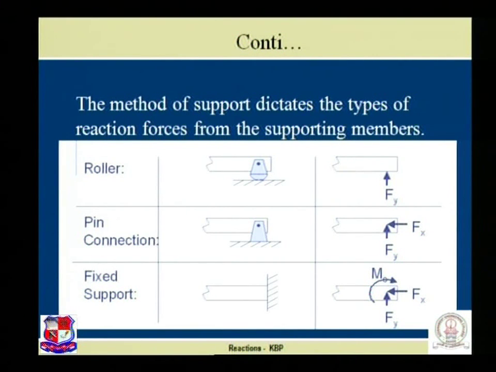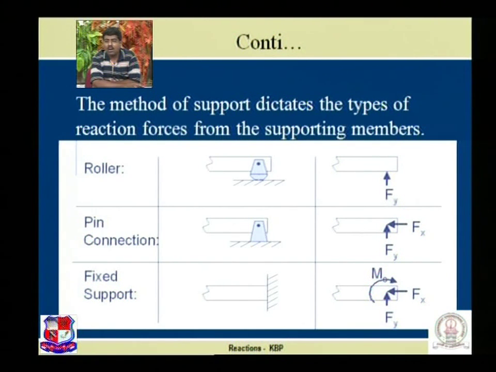We have also studied the types of support in the previous session. Knowledge of all these things is compulsorily required, because then we can proceed further to solve more numericals. The first support is the roller support, which offers a single reaction, normal to the support.